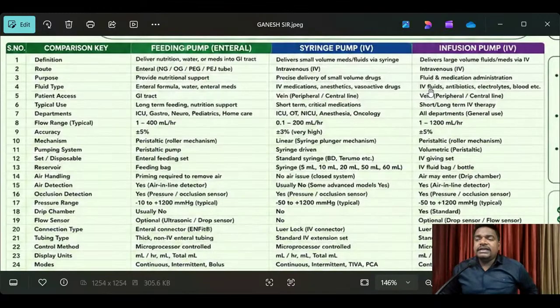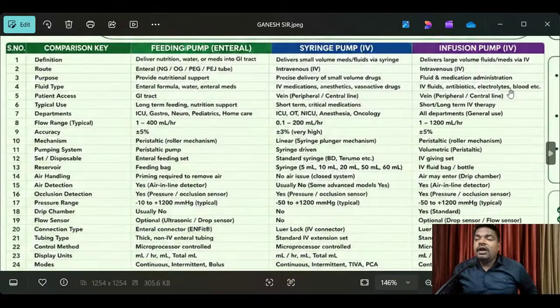And the fourth point of the infusion pump, see here: IV fluids, antibiotics, electrolytes, blood, etc. Infusion pumps we also use in dialysis. That's why if you go to the dialysis room, these infusion pumps are definitely available. When I was a senior biomedical engineer, many students asked me, sir, why is the infusion pump, an ICU medical equipment, available in a dialysis room?